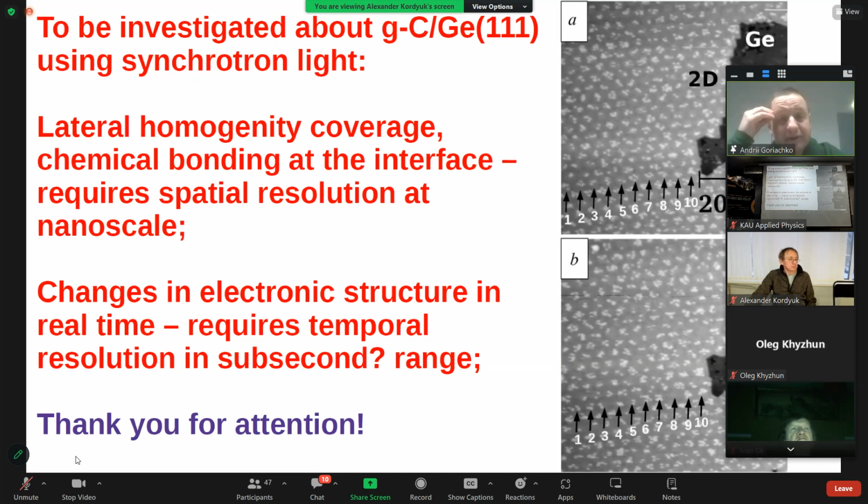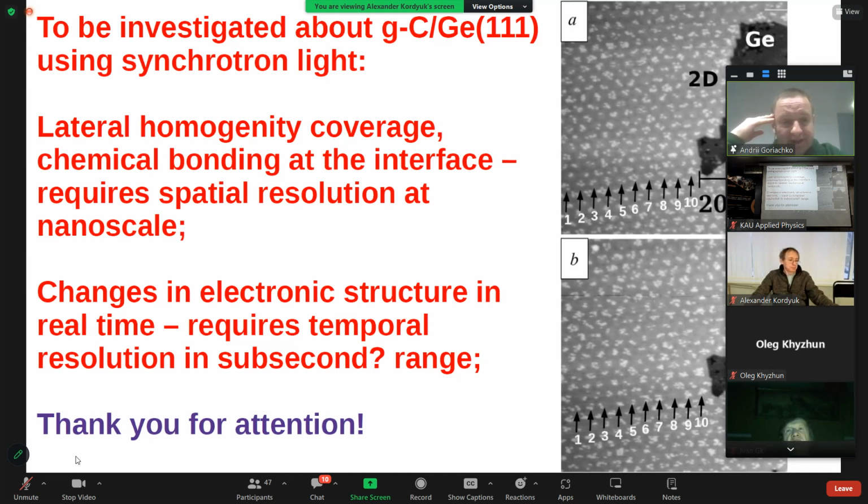And from the previous slides, I think it is obvious that the issues that can be investigated using the synchrotron-based techniques would be, for instance, lateral homogeneity of the coverage, because a lot of images that I have shown you show non-uniform coverage of the germanium substrate by graphene.